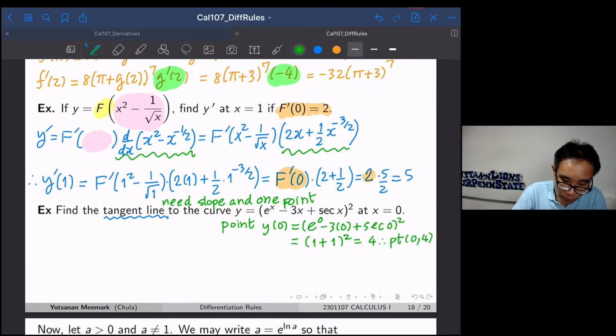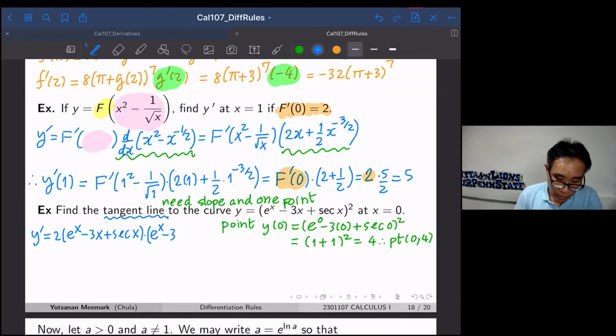So you have the point, and you're going to differentiate, so you get y', so it's going to be 2 come down, (e^x minus 3x plus sec x), and you differentiate the inside, so you get e^x, the derivative of 3x, so you get minus 3, and the derivative of sec, you would get sec x tan x, so that's my derivative.